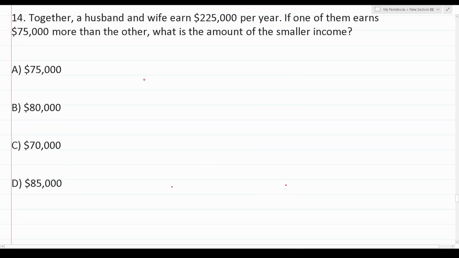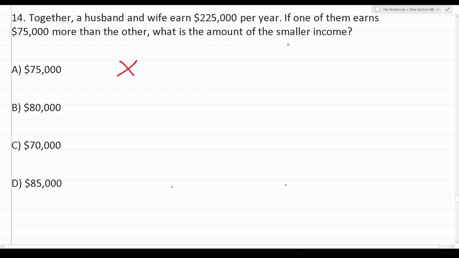All right, so 14 says, together a husband and wife earn $225,000 per year. If one of them earns $75,000 more than the other, what is the amount of the smaller income? All right, so for this one, we're going to have to represent this problem algebraically. Again, we're dealing with incomes of 2 people. So I'm going to represent one of their unknown incomes with the variable x.